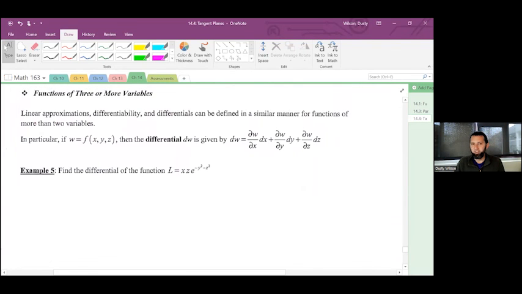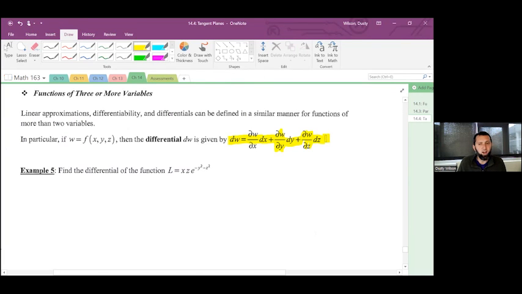Last section in this topic: functions of 3 or more variables. Linear approximations, differentiability, and differentials can be defined in a similar manner for functions of more than 2 variables. In particular, if w is equal to f of (x, y, z), then the total differential dw is given by dw equals the partial derivative of w with respect to x times dx plus the partial derivative of w with respect to y times dy plus the partial derivative of w with respect to z times dz.